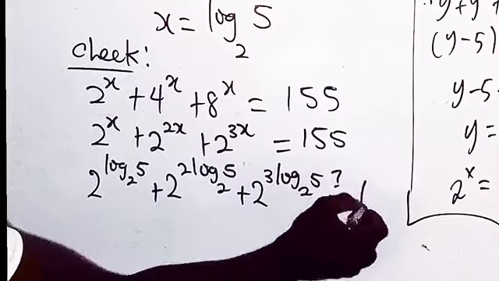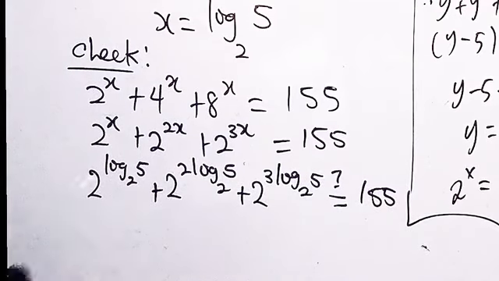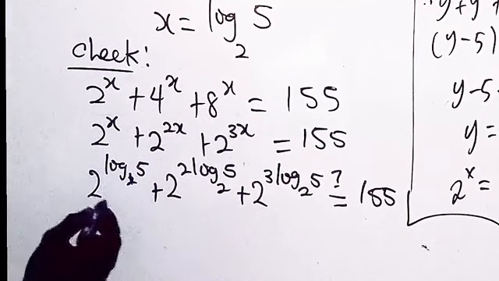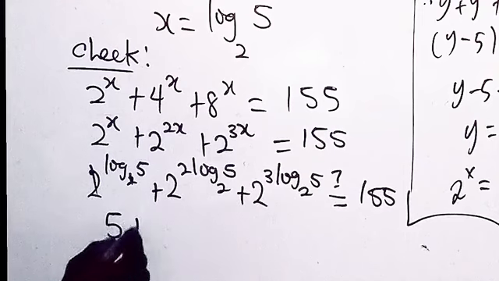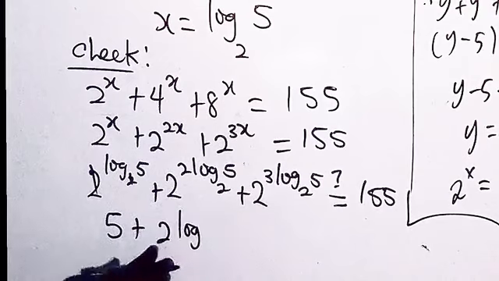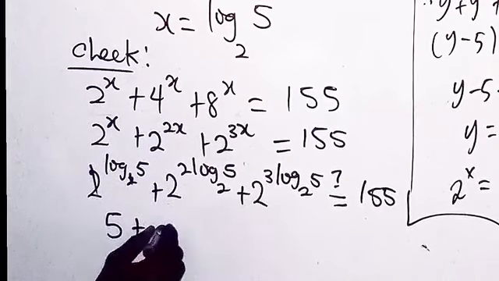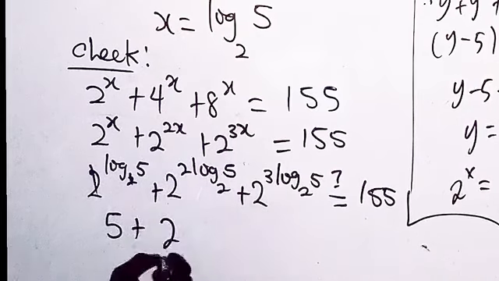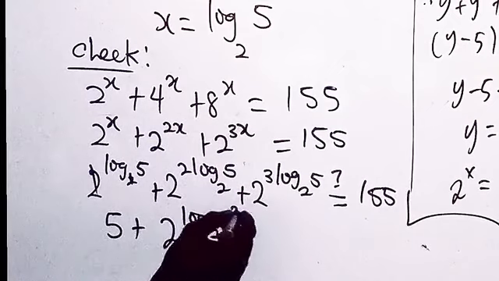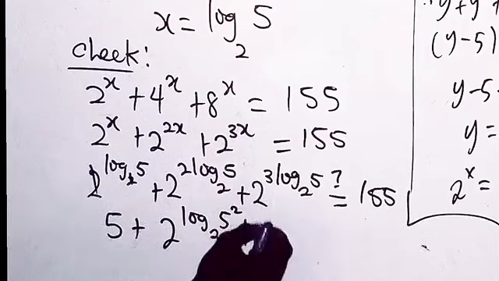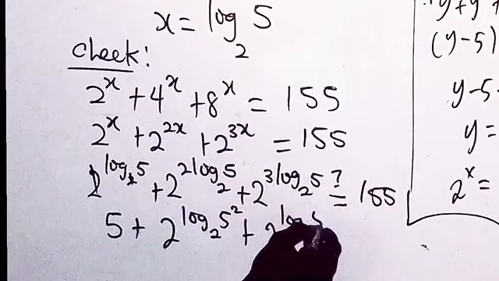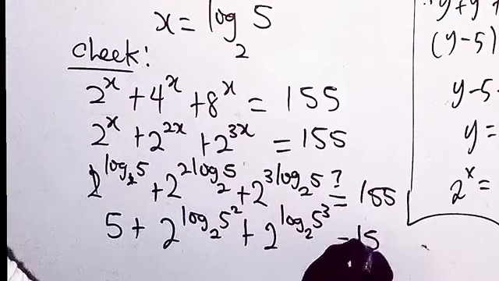Is this going to give us 155? Since we have this base here and this base here, we cancel them because they are the same thing. We're going to have 5 plus, now this is 2 to the power of 2 log 2, 5, this 2 will come up here, so it is 2 to the power of log 2, 5 to the power of 2, plus the same thing, 2 to the power of log 2, this 3 will go up, 5 to the power of 3, equals 155.